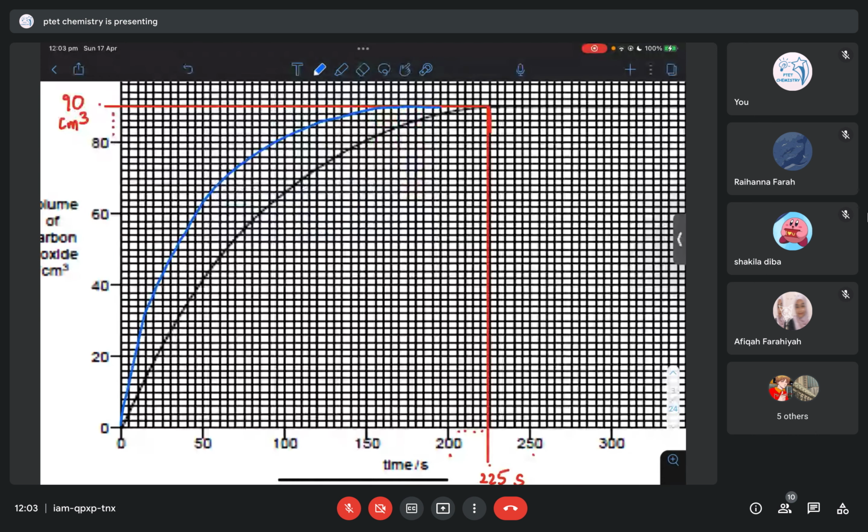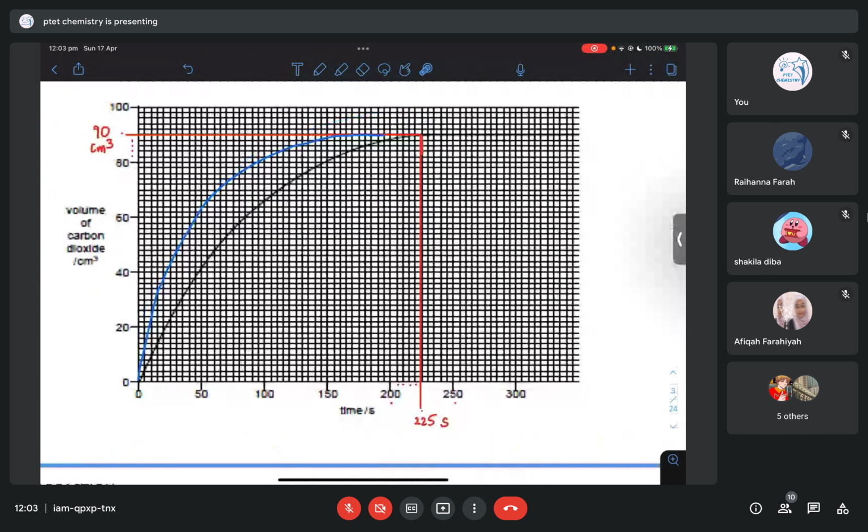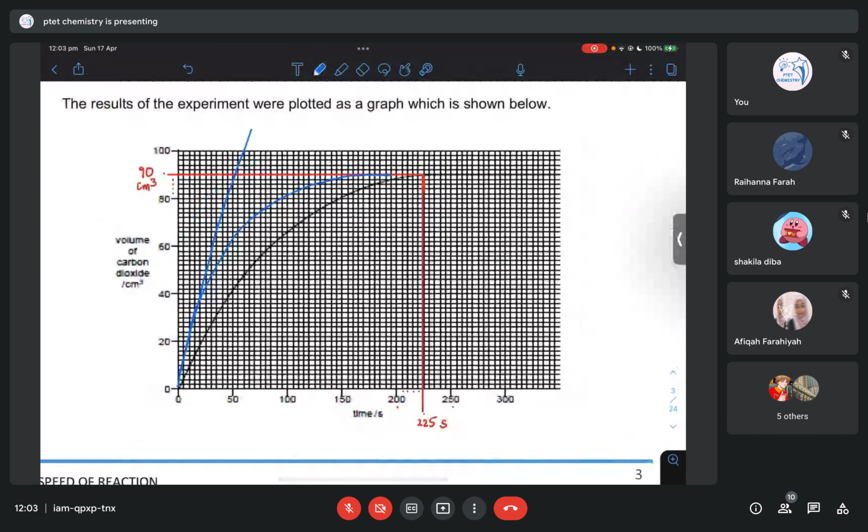So I finished the reaction earlier because the reaction is faster. I also have no reaction at time equal to 0. But if you see the initial rate, if I plot a line like this, this is the gradient at time equal to 0 for the blue line, and this is the gradient at time equal to 0 for the black line.